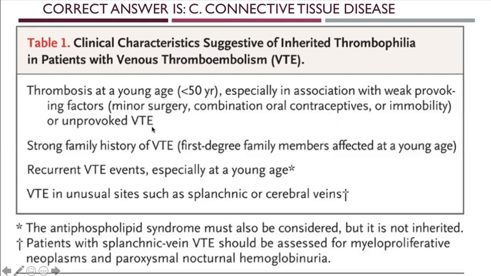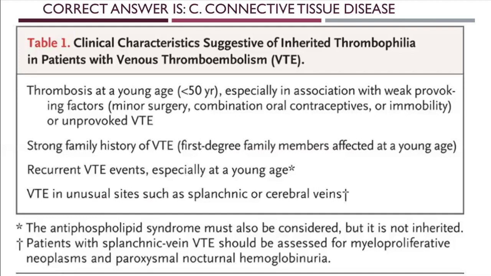You would do a thrombophilia workup for the young people, or if they have a strong family history, like a first degree relative who had a DVT, or recurrent venous thromboembolism in the past at a younger age, or venous thromboembolism in an unusual site, like splanchnic or cerebral veins. All those are indications for the thrombophilia workup.